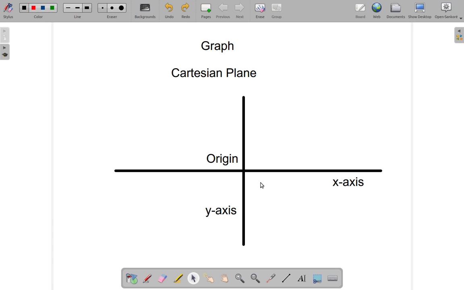Right? Now, let's put a few numbers into this thing. Right here at the center, the origin, the number that represents that part of the graph is 0. Usually write 0 on the left of the y-axis and below the x-axis.